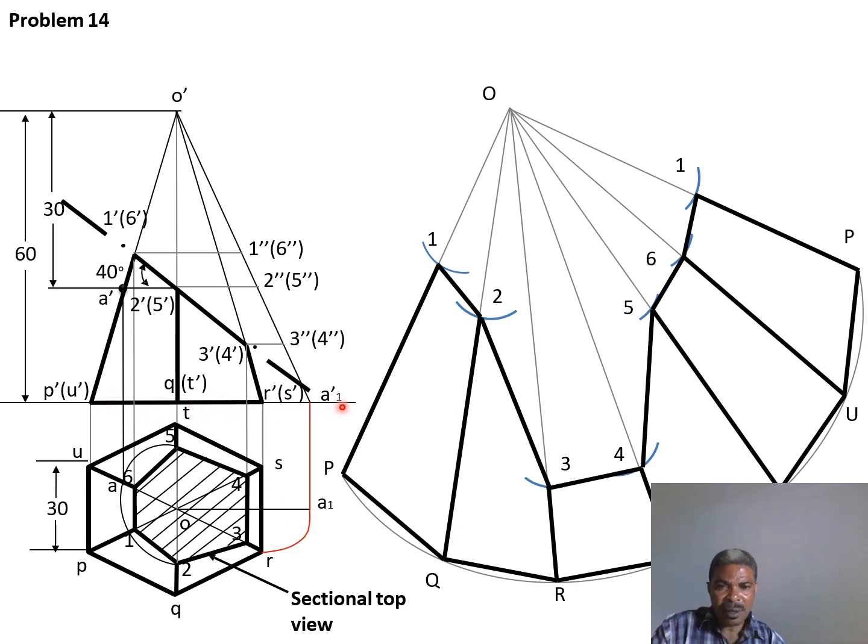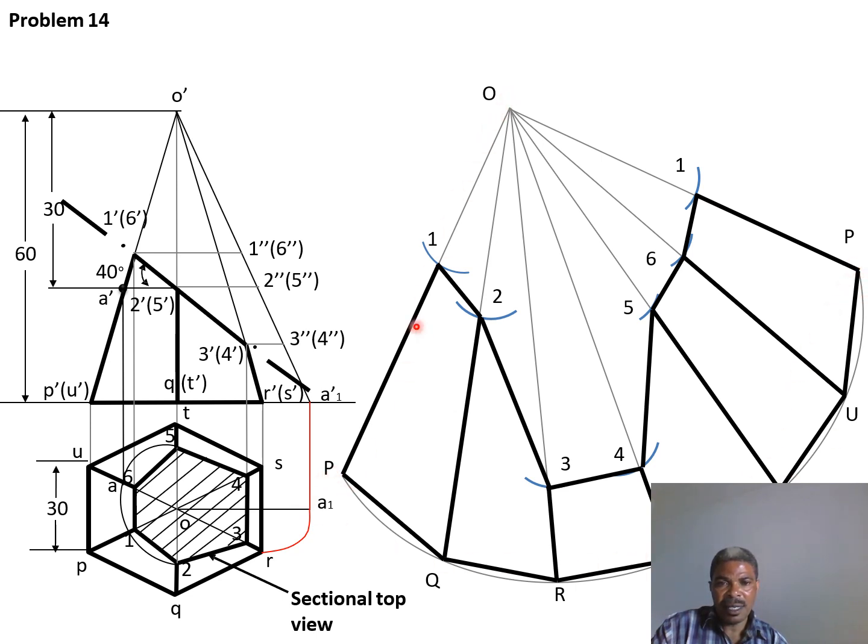Where it touches at A1, at A1 we project a line to touch the horizontal line for our base. Then from this point we project it to O dash. Then this is our line of interest, because it will help us in obtaining the arc.